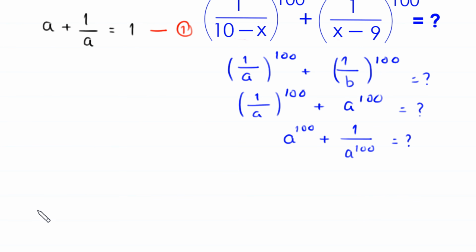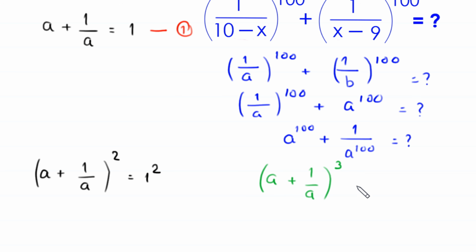Now we take a square of both sides of this equation 1. So this will become a plus 1 over a whole squared equal to 1 squared. And we take a cube of both sides of this equation, then this will become a plus 1 over a whole cubed equal to 1 cube.